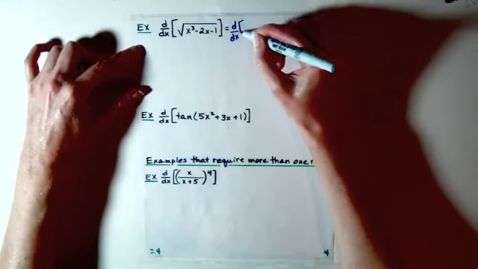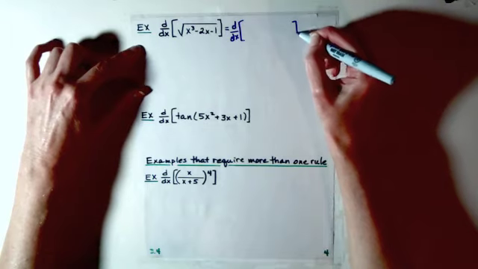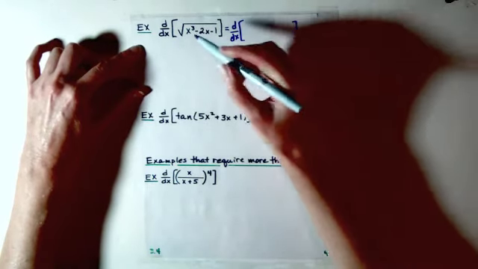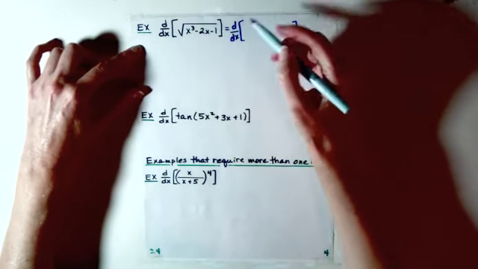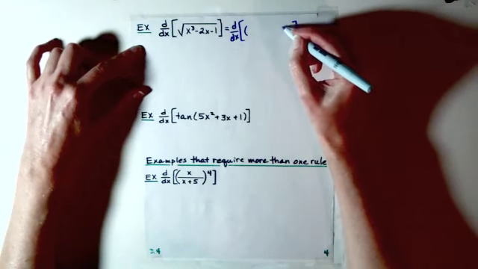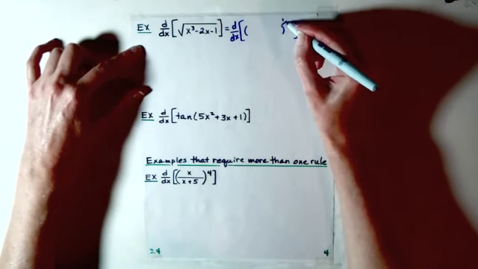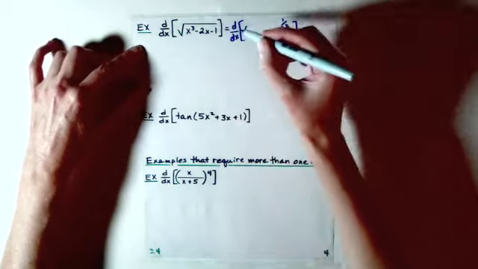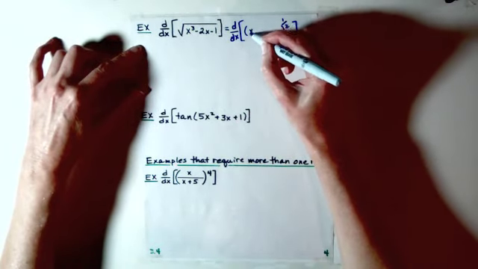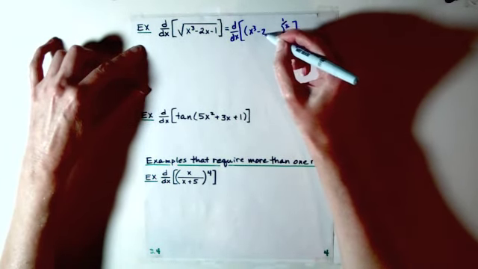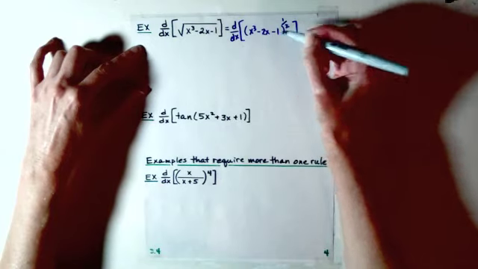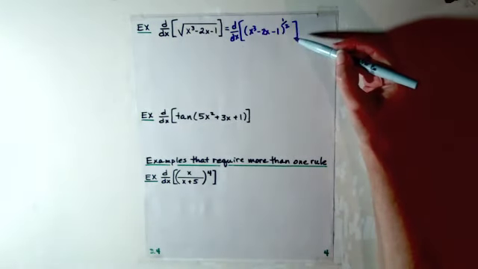It would be nice to write it with an exponent instead, and the square root of something is the same as raising that something to the 1/2 power. So this would be the same as x cubed minus 2x minus 1, all raised to the 1/2 power.